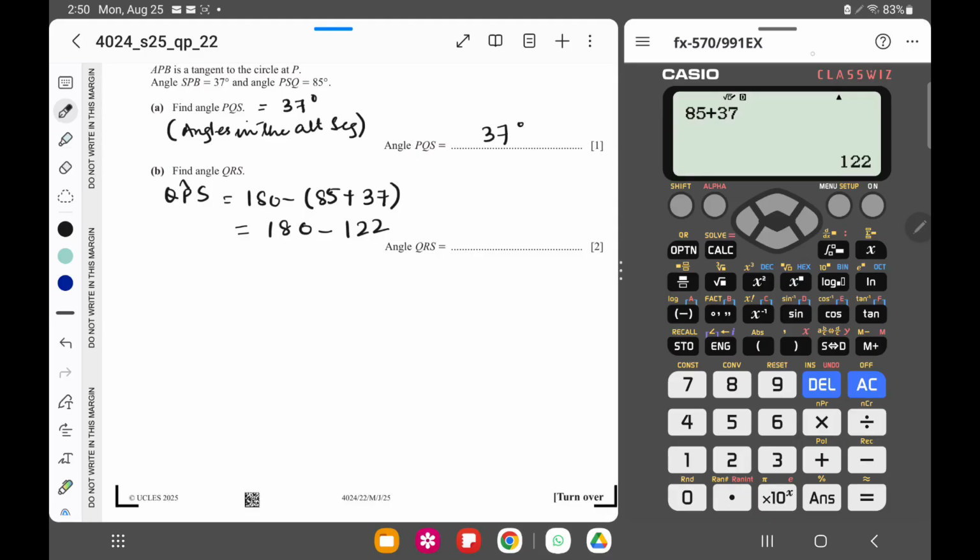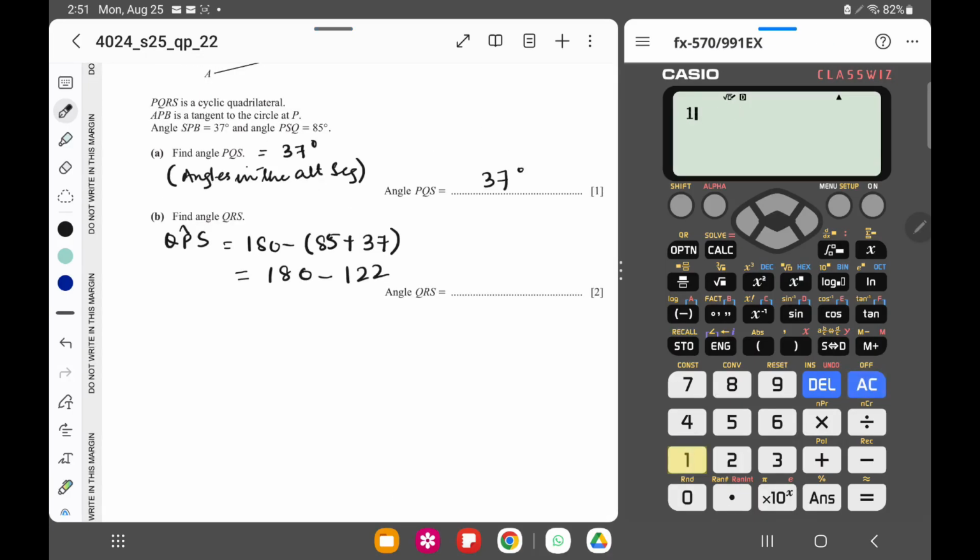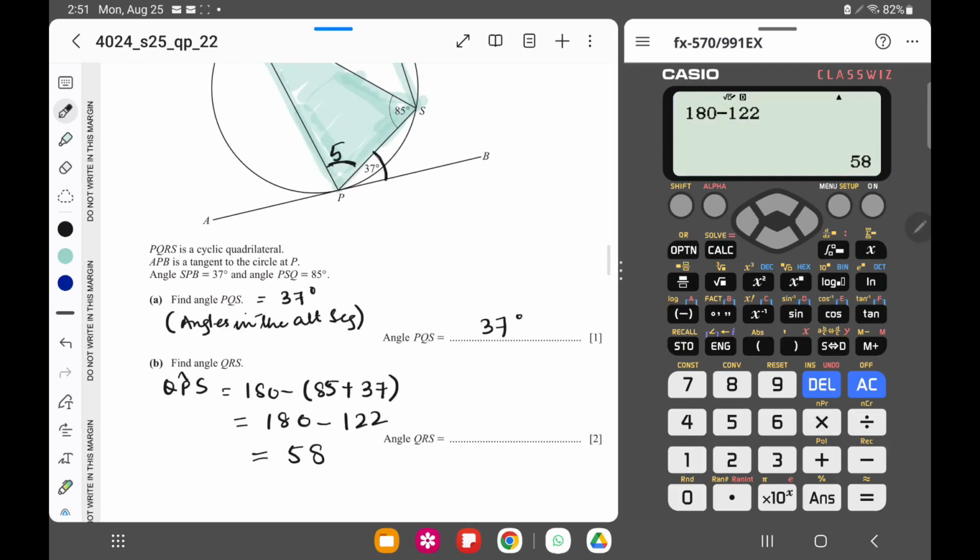Okay, so now 180 minus 122 is equal to only 58. So that is 58. So this angle is equal to 58 degrees.